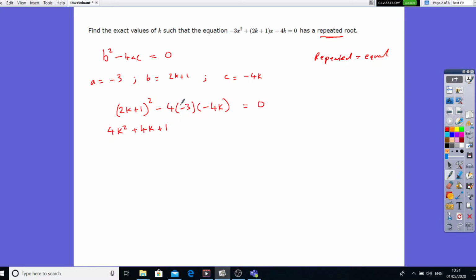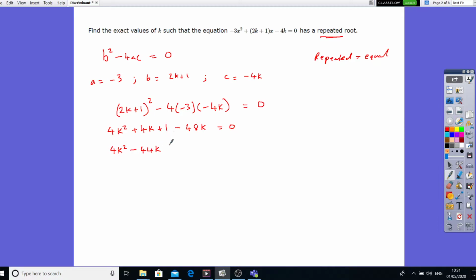So first of all, minus times minus is positive, times minus is going to end up negative. So 4 times 3 is 12. 12 times 4 is 48. That's going to give me k, which is going to equal 0. So looking at here, we're going to end up with a quadratic equation. So we're going to end up with 4k squared, plus 4 minus 48 is minus 44.